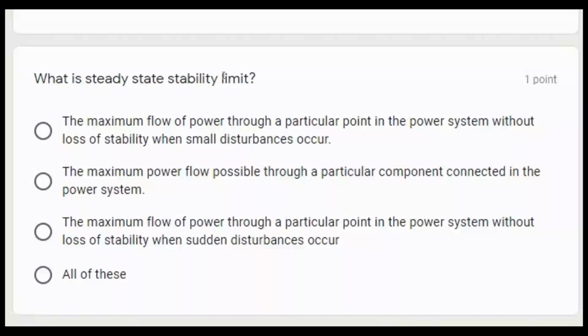Here, the correct option is the first option: the maximum flow of power through a particular point in a power system without loss of stability when a small disturbance occurs. Correct, a small disturbance occurring. After that, the maximum power will flow through this point, that is, in a stable condition. That is the steady state stability, first one.